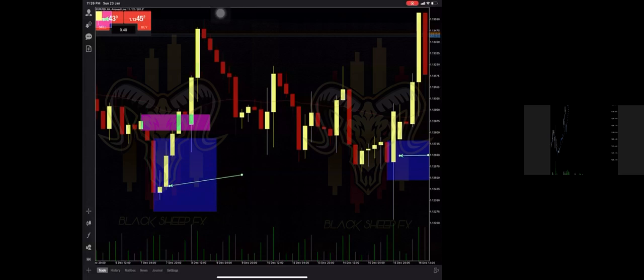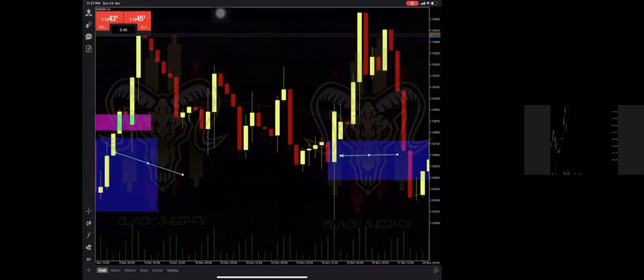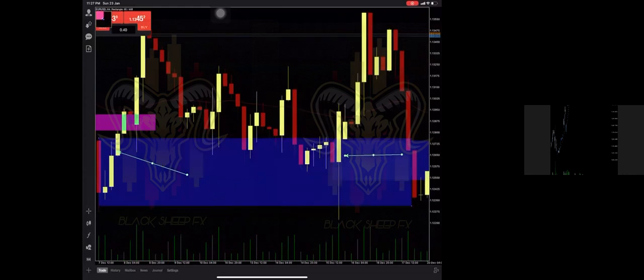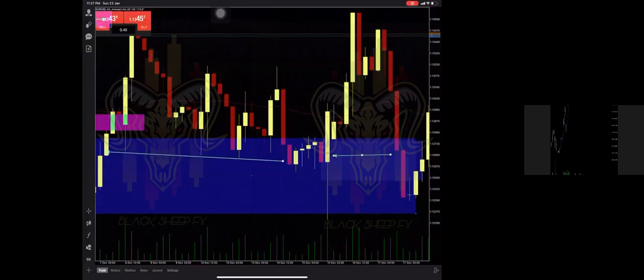Because as price fell down and did a reversal, the buyers kicked in over here and pushed the price up in this engulfing buy zone. So in the end, let me check.